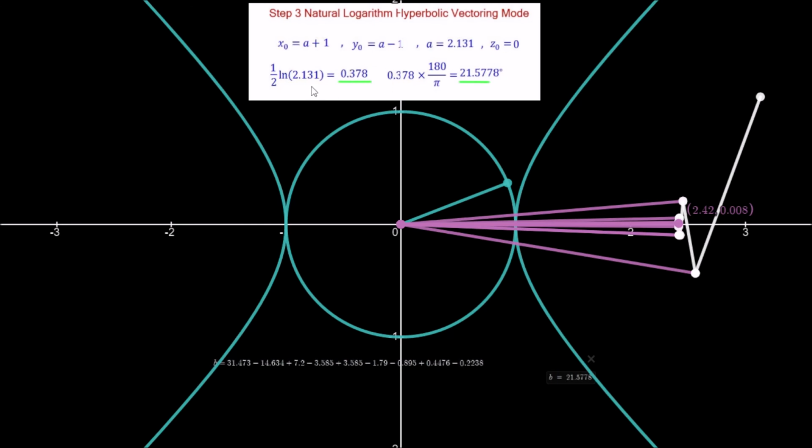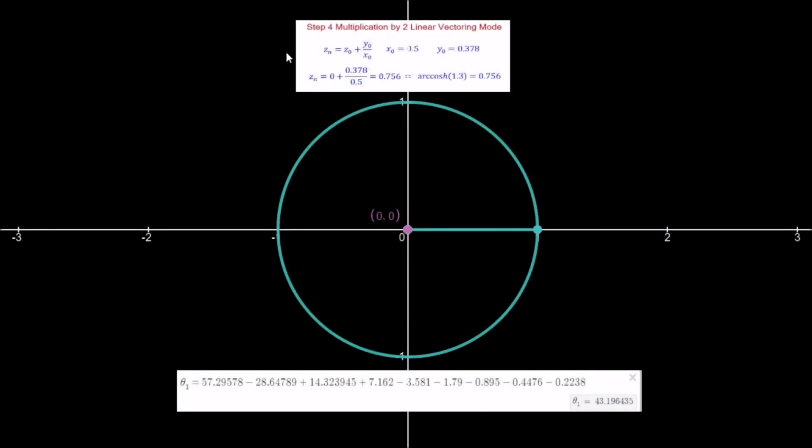So let's move on to the final stage. So finally, in step 4, we're going to multiply by 2. Now, in order to multiply by 2, this is the same as dividing by a half. So we can use the linear vectoring mode in division in order to generate this multiplication.